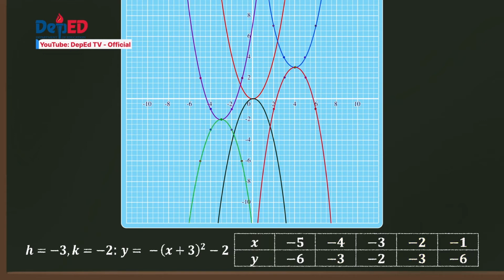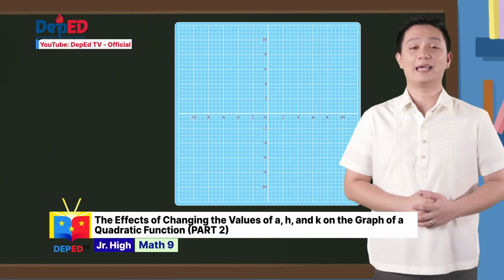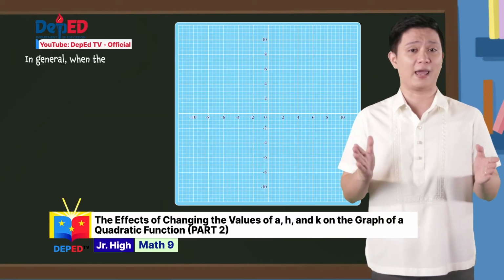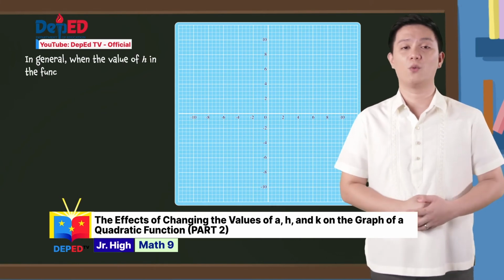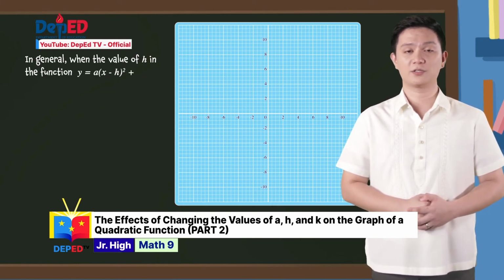This graph is the same graph of the reference function, but it's just shifted 3 units to the left and 2 units downward.